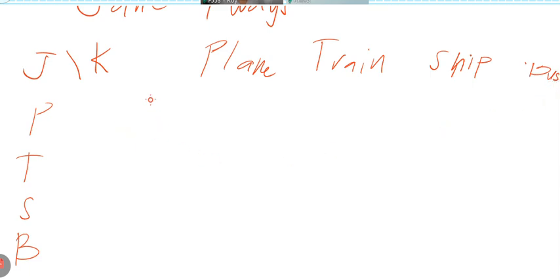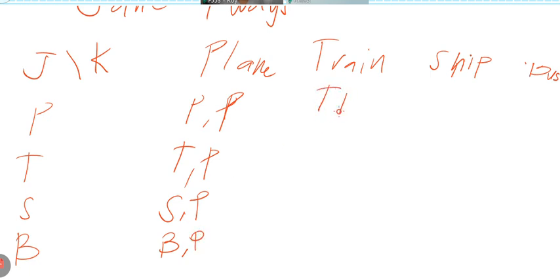Now looking here, we have plane and plane. Now train and plane, ship and plane, bus and plane. Next one, train and plane, and train and train, ship and train, and bus and train.